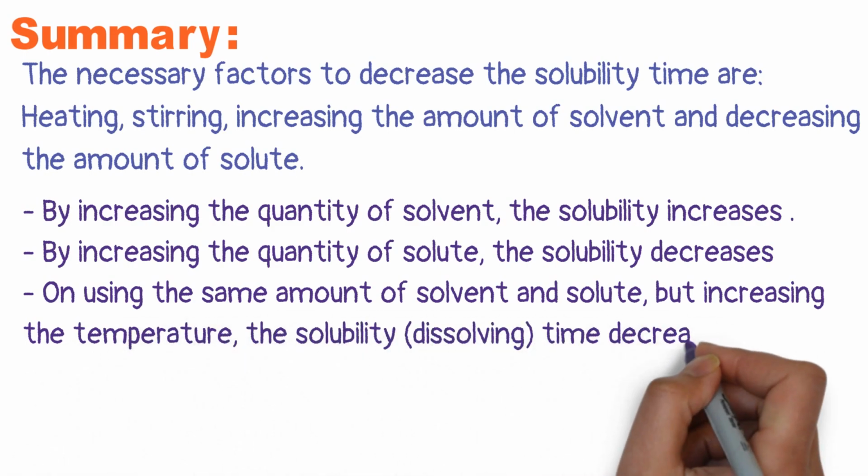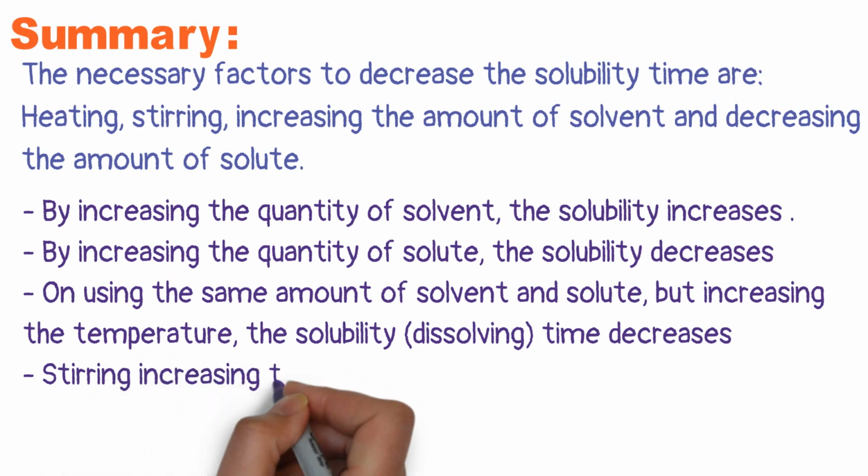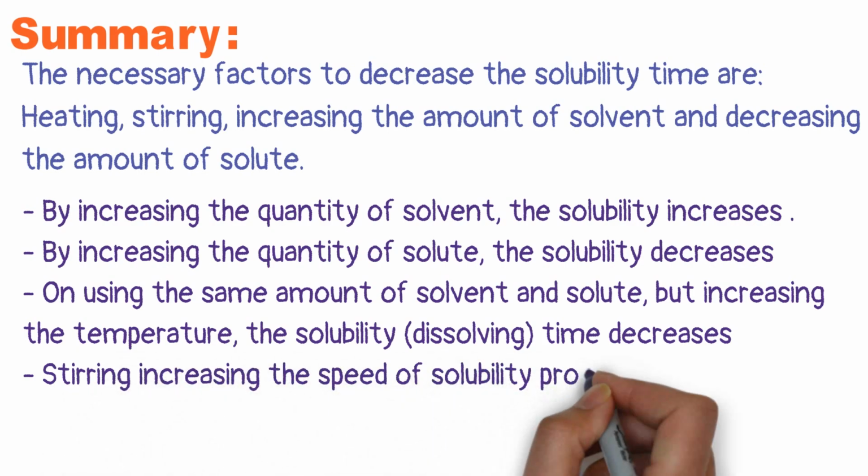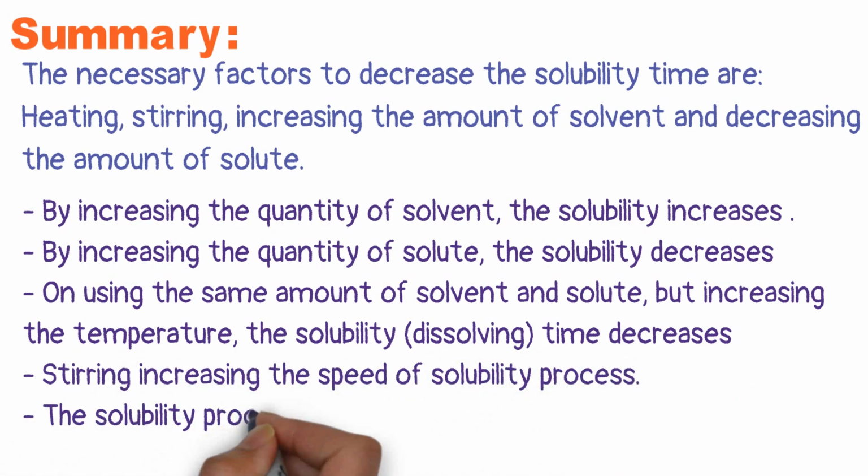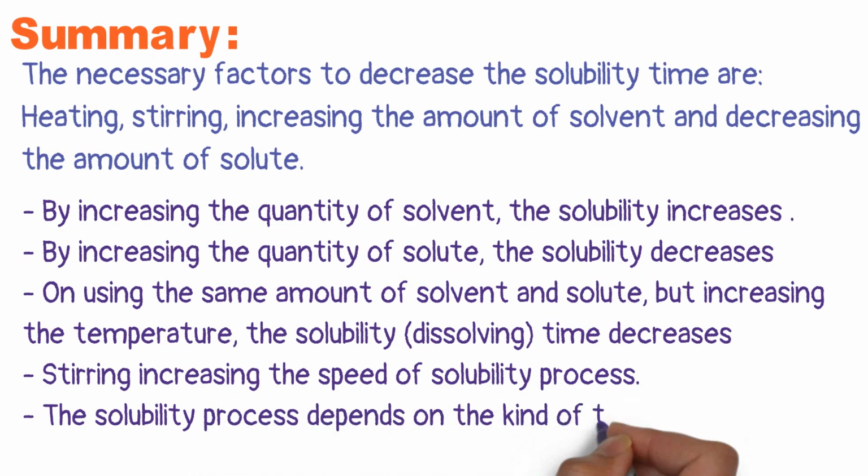While using the same amount of solvent and solute but increasing the temperature, the solubility time decreases, the solubility process increases. Also, stirring increases the speed of the solubility process. The solubility process depends also on the kind of solute. These are the factors affecting the solubility process.